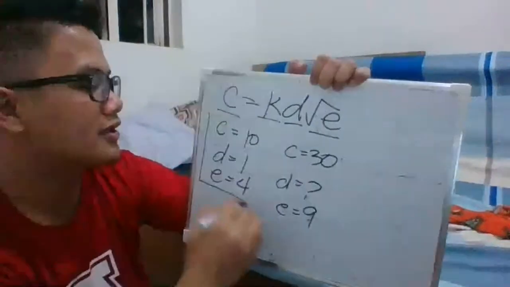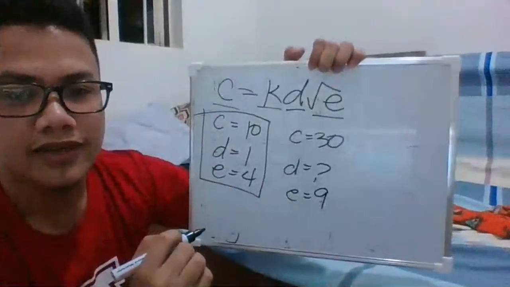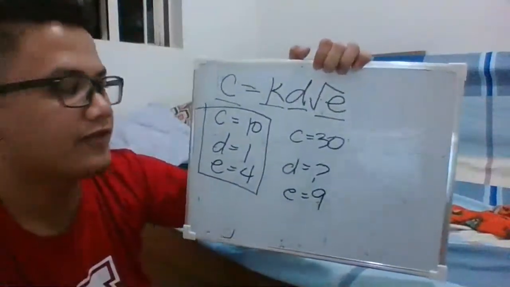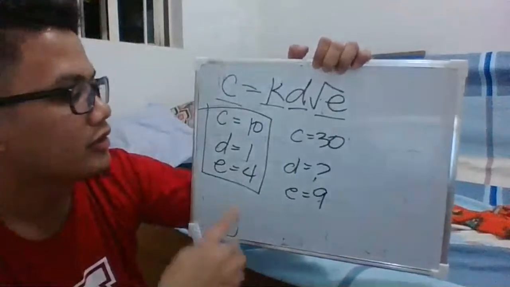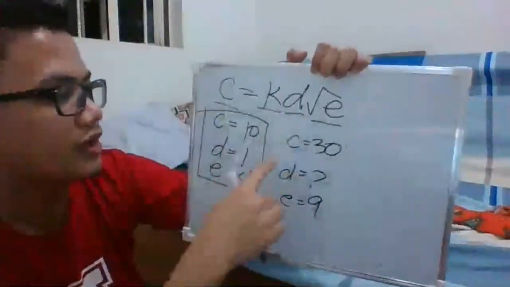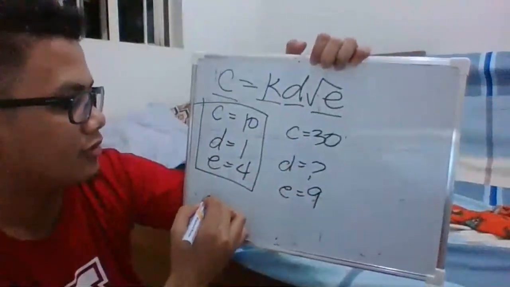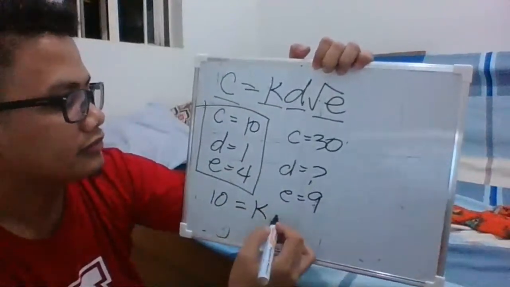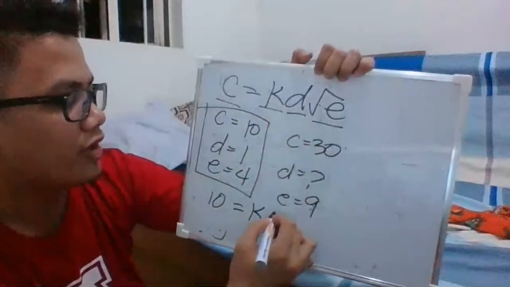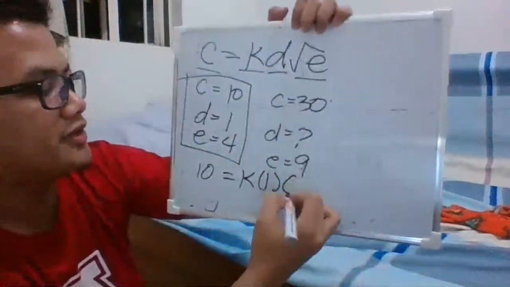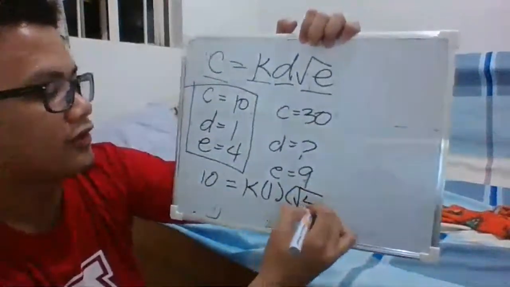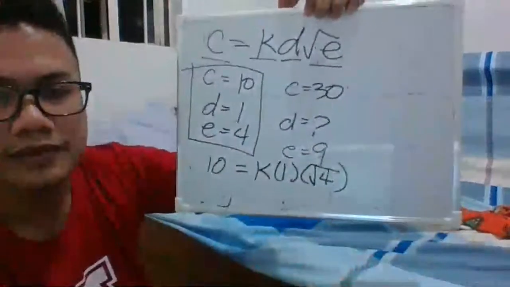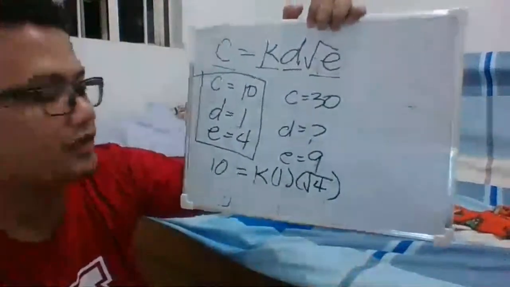Okay? So complete given first sets of values, yung kompleto. So we have C, just substitute it to our equation. So magiging C equals 10, then K, D is 1 times square root of 4. Okay?